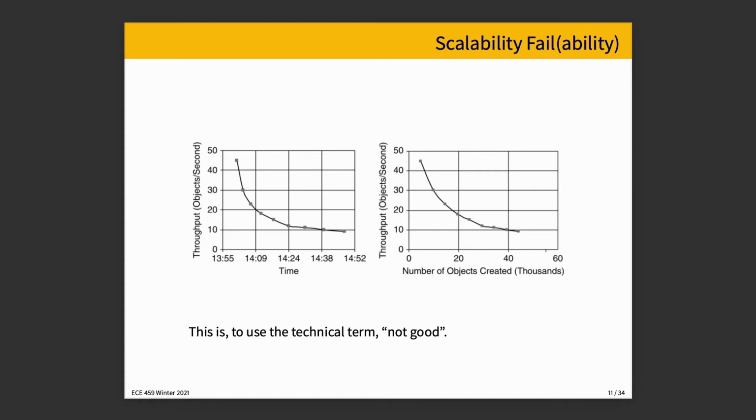And at the end of the test, we've got about 45,000 objects created, and that's not the trend that you want to see. If you need, for some reason, to create 500,000 objects or 5 million objects, things would get a lot worse. So we have to figure out what's going wrong and why.